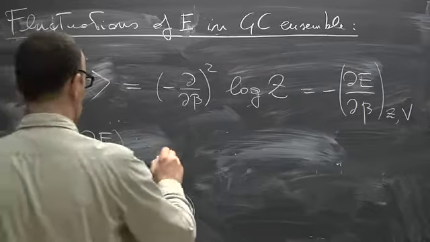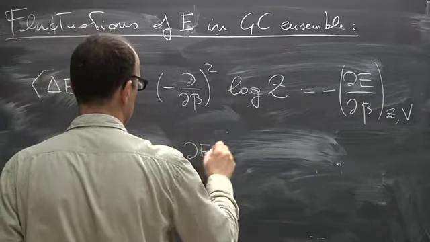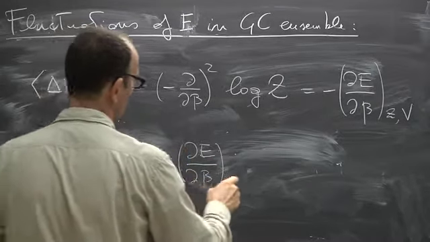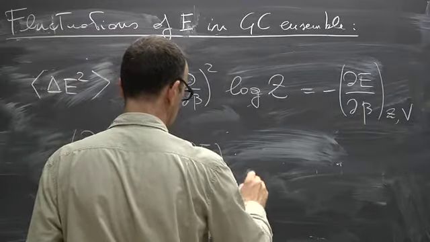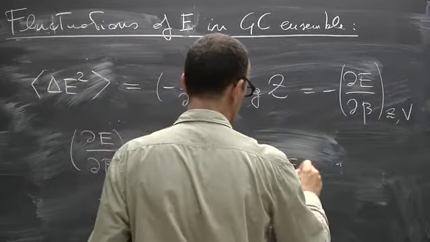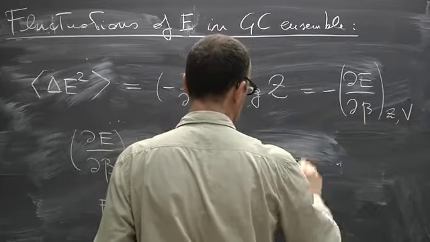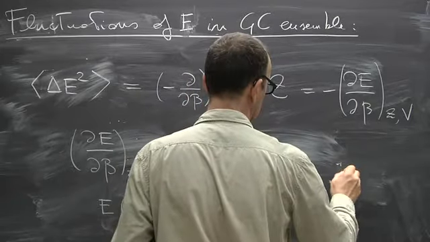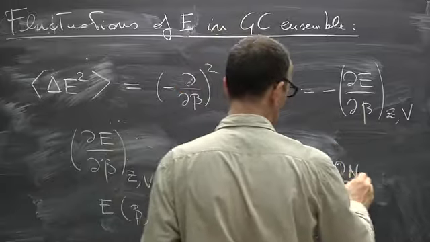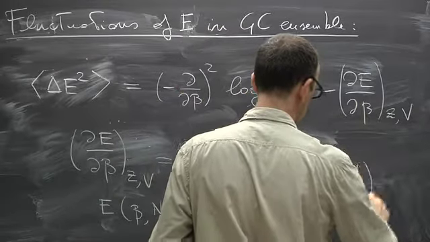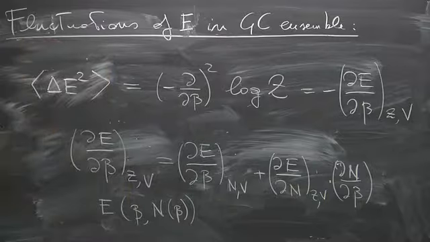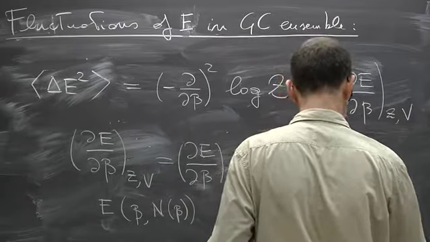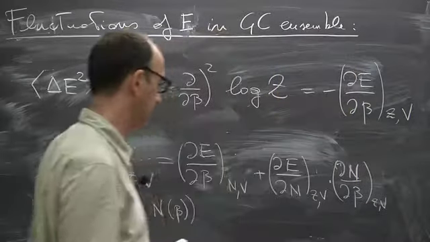So this is the change in the energy at N and V fixed, plus the derivative of E with respect to N at z and V fixed, times dN d beta at z and V fixed.